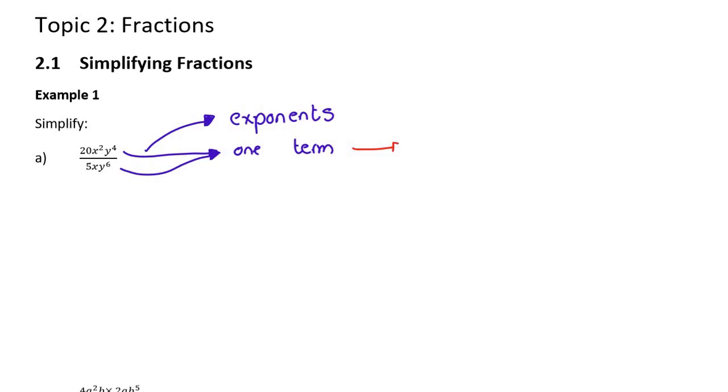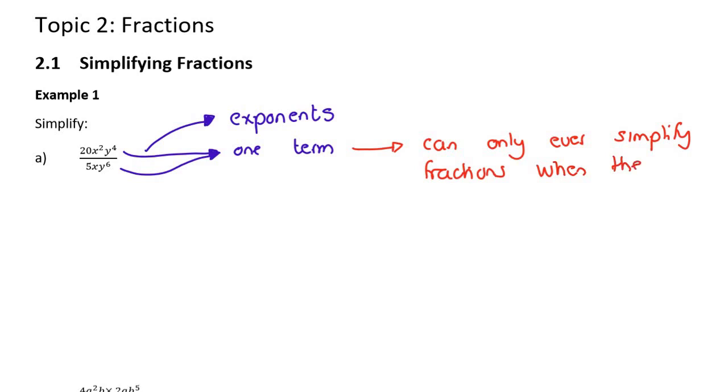Most importantly, we can only ever simplify fractions when there is one term at the top and one term at the bottom. So when there is one term over one term. Now, we probably haven't mentioned it up until now because you've always had one term over one term.